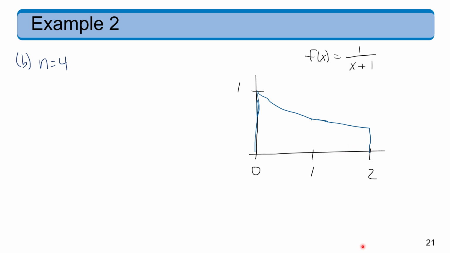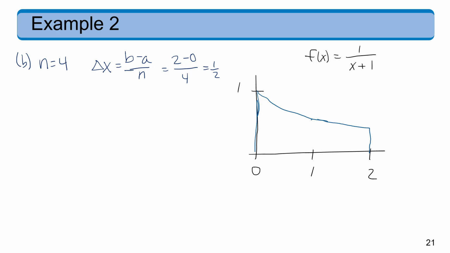But if it weren't obvious, we would always use our formula for delta x. So delta x, as we know, the formula is b minus a over n. So in the numerator, that's 2 minus 0, and this time n is 4, and that simplifies to 1/2. So the width of each subinterval should be 1/2.